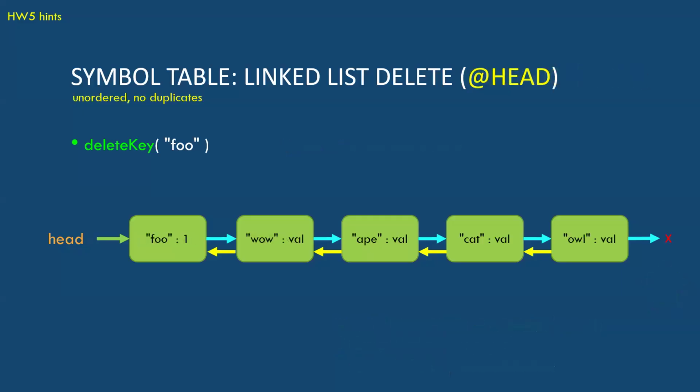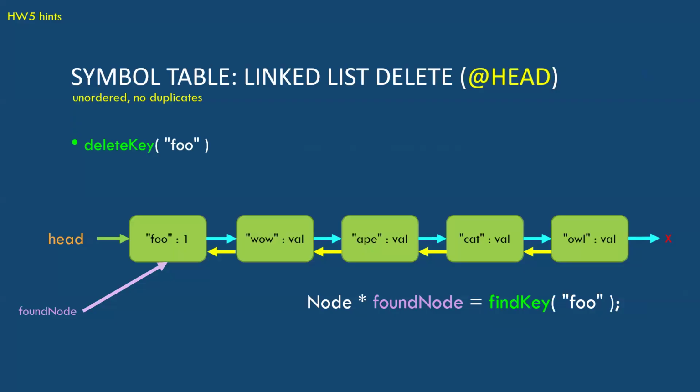If it's at the head, we have to delete it. How do we know it's at the head? If the head pointer and the found pointer are the same, then we know it's at the head. Or if the found pointer's previous pointer is null, then we know it's at the head, assuming we haven't broken any of our code so far.